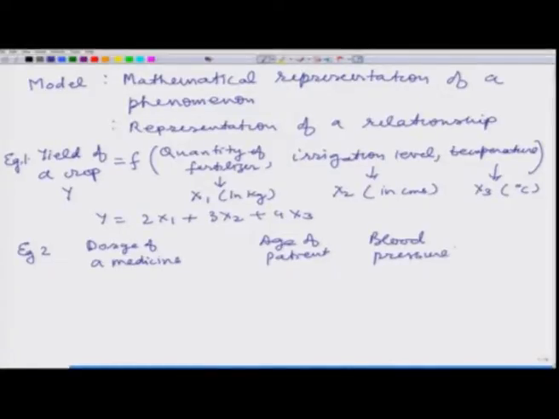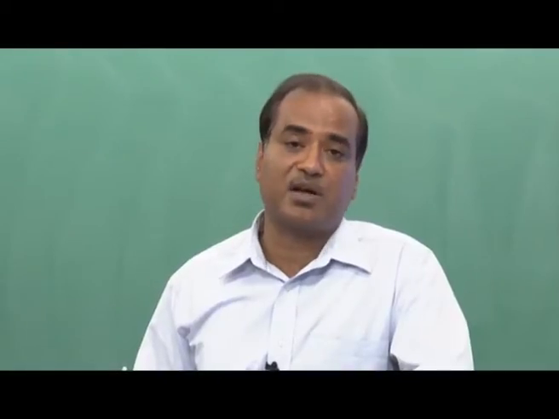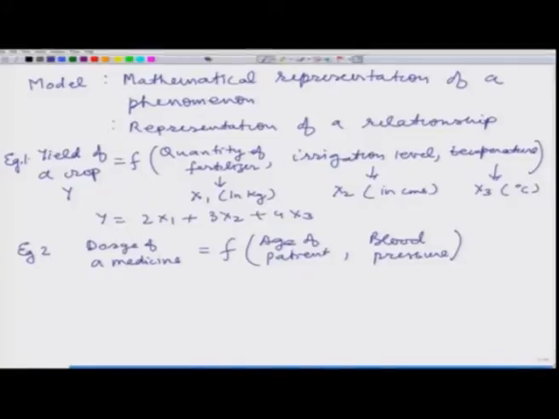So let us try to assume for a while that the dose of a medicine depends on the age of the patient and blood pressure, and when we try to find out a functional relationship or a mathematical relationship between the dose of a medicine with respect to age of patient as well as blood pressure, then this will be a sort of mathematical model, right? For example, if I try to denote this dose of medicine by here y, age of patient by here x1, and blood pressure in say x2 with some appropriate units.